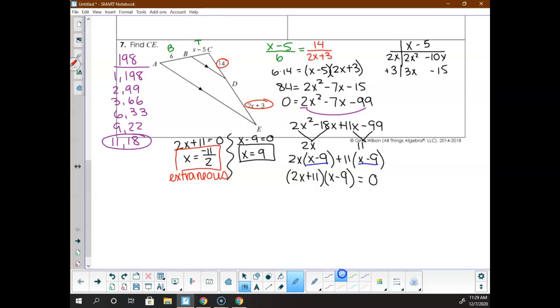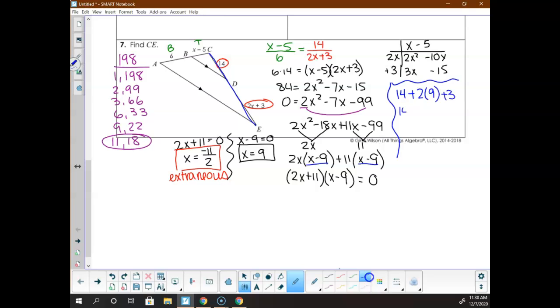All righty. Now, am I done? No, because I need to solve for CE, and they want the entirety of CE. So no matter what, I've got 14 plus 2 times 9 plus 3.